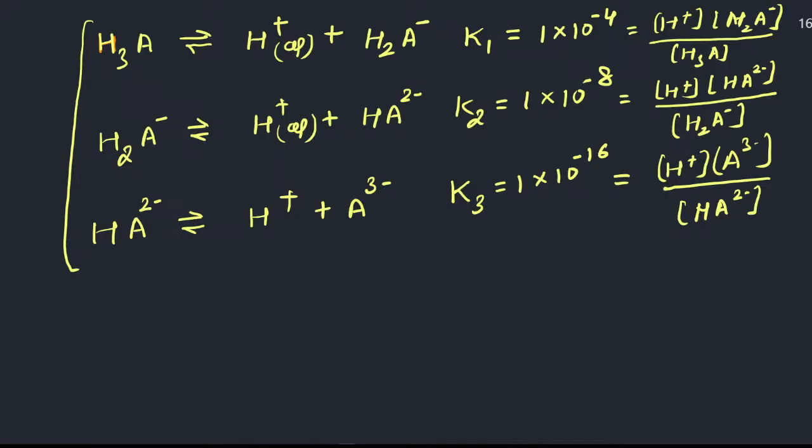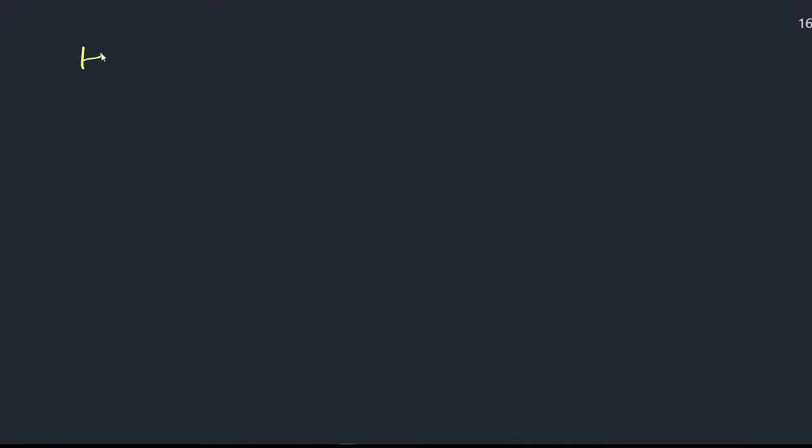Only the first equilibrium proceeds to some extent, which means it is going to give H plus ion to the maximum extent. So this is the main reaction. The concentration is C, 0, 0.